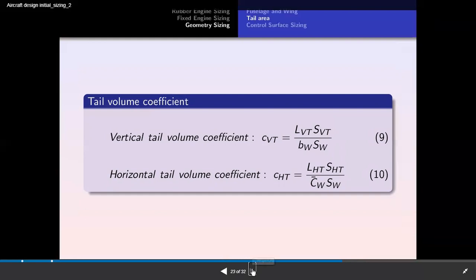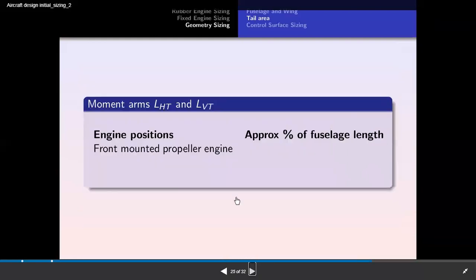Clear? Next, where do we have to position the engine? The moment arm is for the horizontal tail and the vertical tail, and it is taken as a percent of the fuselage length. According to that, we are going to take up the engine position.